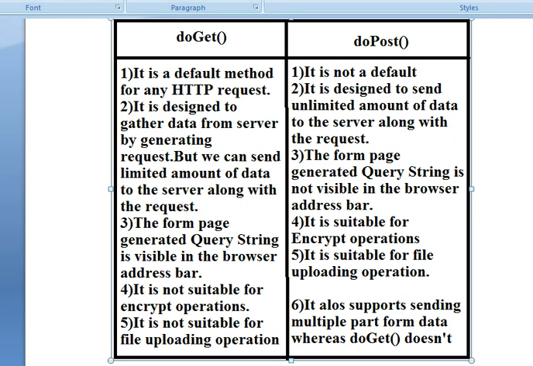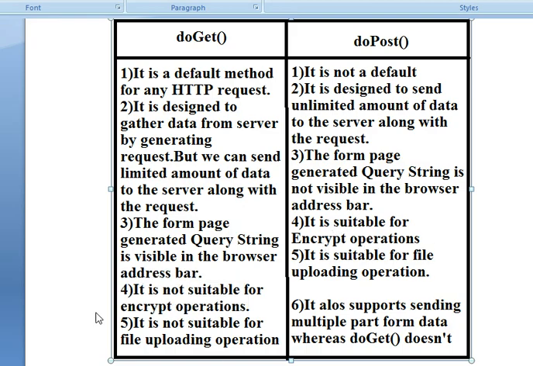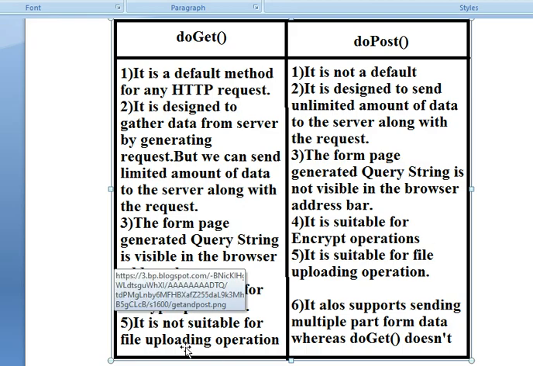So no one is able to understand that text. So doGet method is not suitable for encrypt operation, whereas doPost method is suitable for encrypt operations.